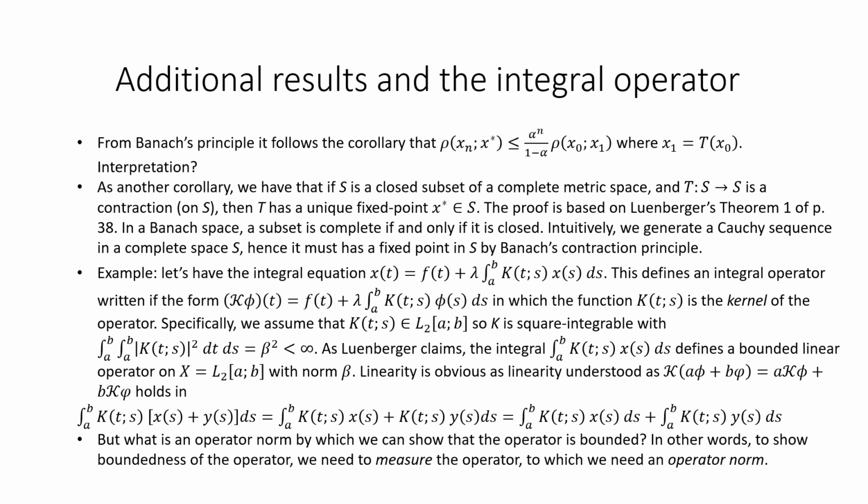Another result from Banach's contraction principle: if we have a complete metric space, and in this complete metric space we have a closed subset, and if we have a mapping on this closed subset, then the mapping has a fixed point in this closed subset.